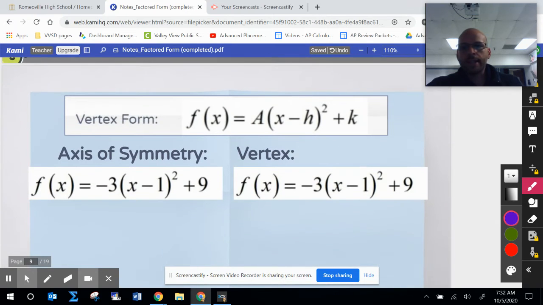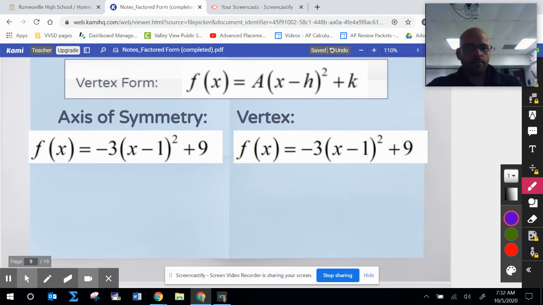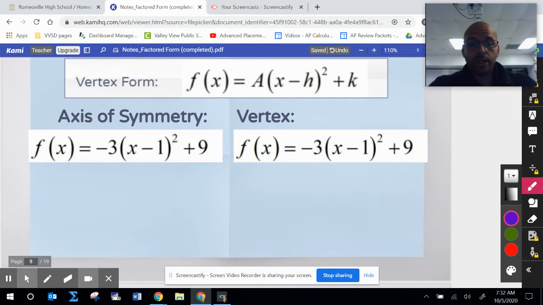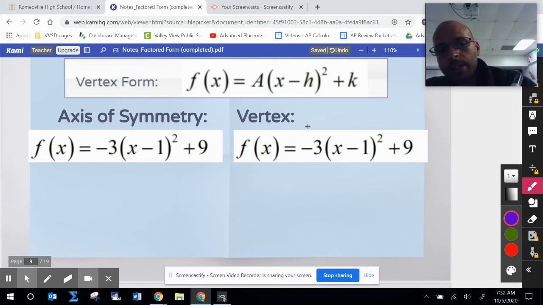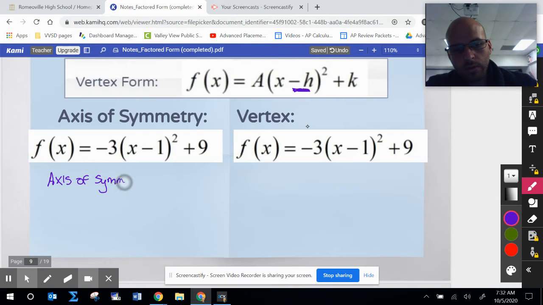All right, last two characteristics for vertex form. Axis of symmetry. Now, I had explained earlier on a slide that the axis of symmetry is just the opposite of your h value. So if you look at the very top, you're going to find that h value inside the parentheses. So my axis of symmetry is going to come from this 1.